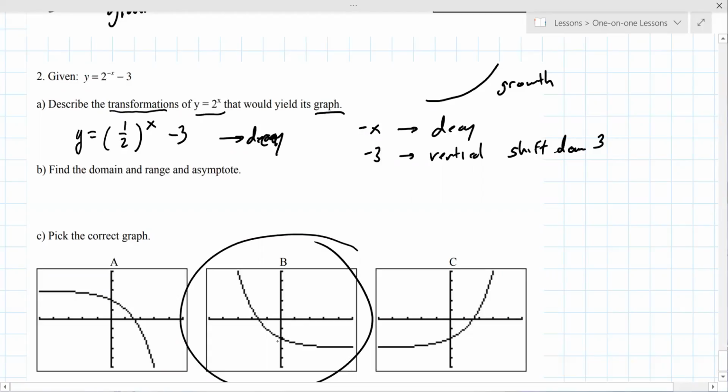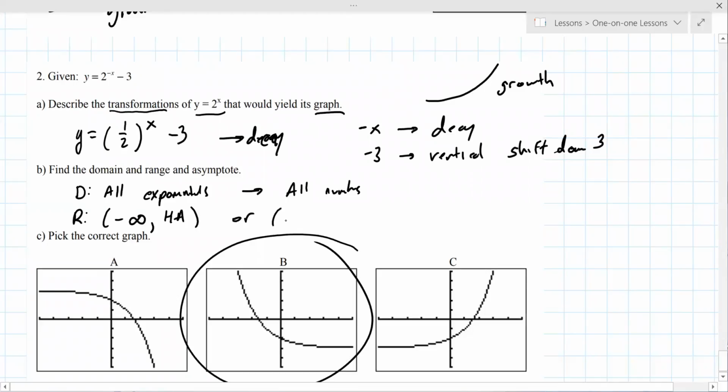If you have a calculator, which you probably don't get one here, you would want to graph that. The domain for all exponentials is always all numbers. The range is two options. It's either minus infinity to the horizontal asymptote, or it's the horizontal asymptote to infinity.